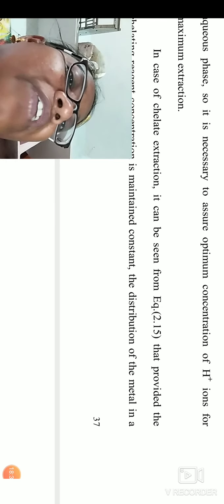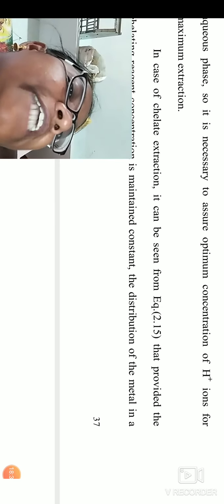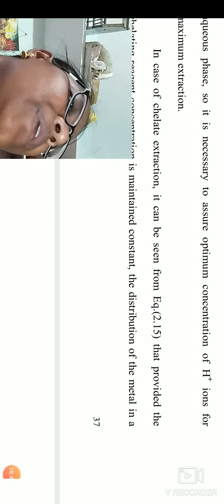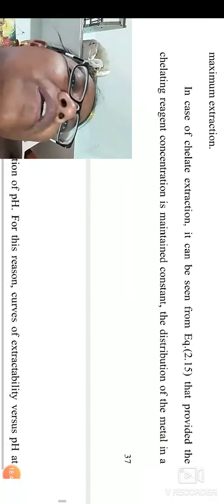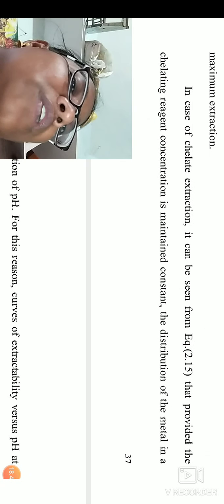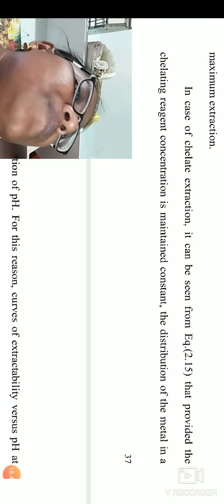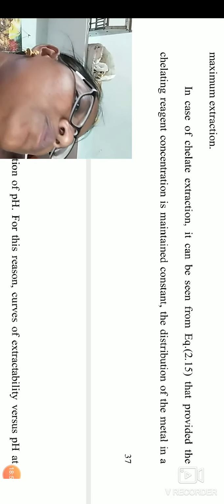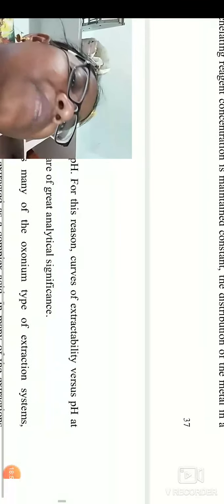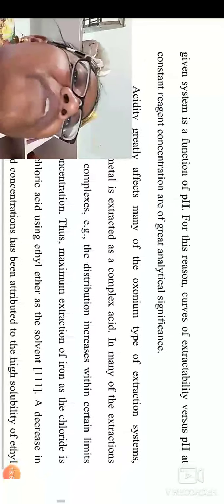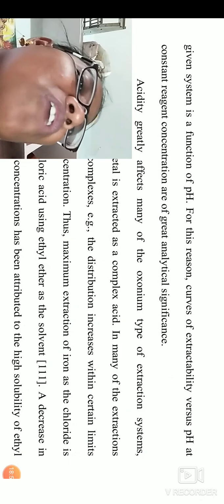In case of chelate extraction, provided the chelating reagent concentration is maintained constant, the distribution of the metal in a given system is a function of pH.